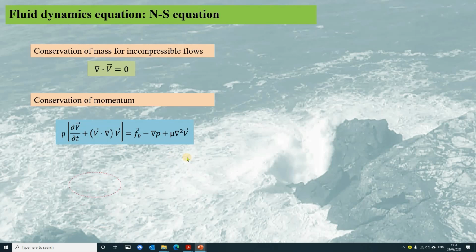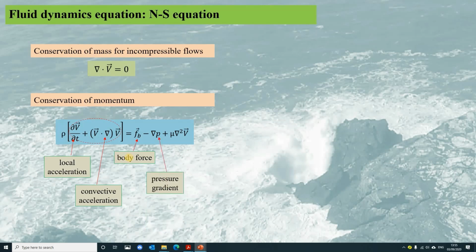In this momentum equation, we can see the substantial derivative is used for calculating the total acceleration of the fluid, the local acceleration and the convective acceleration, and the forces acting on the fluid include the body force, for instance in many applications the gravitational force, the surface force due to the pressure gradient, and the fluid viscous force.